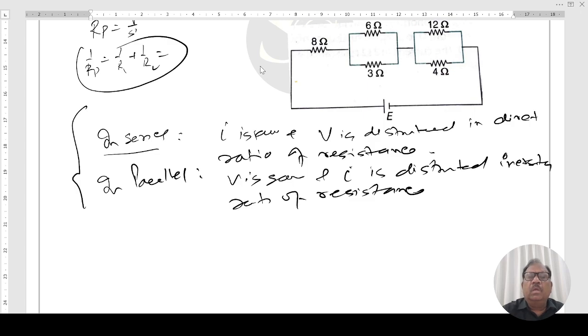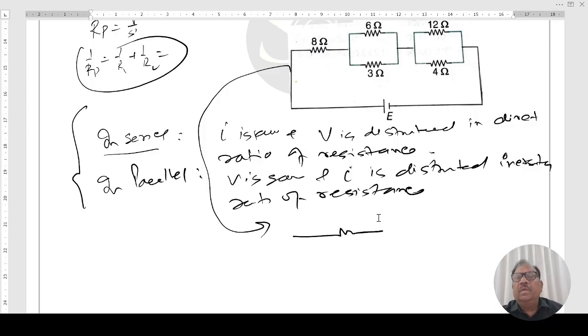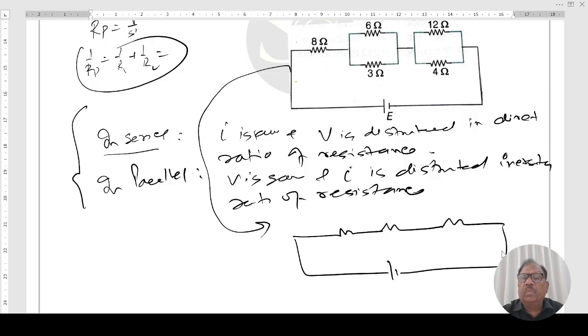Now, its equivalent circuit will be 8 ohm, product over sum 18 divided by 6, that is 3 ohm, right? This is applied here. 8 ohm, 2 ohm, 3 ohm, right?